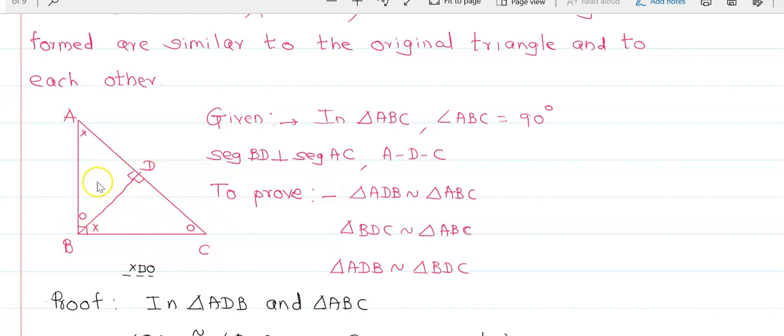Then triangles ADB and BDC are similar to each other. They are also similar to the original triangle, and point D is between A and C. Therefore, triangle ADB is similar to triangle ABC, triangle BDC is similar to triangle ABC, and triangle ADB is similar to triangle BDC.